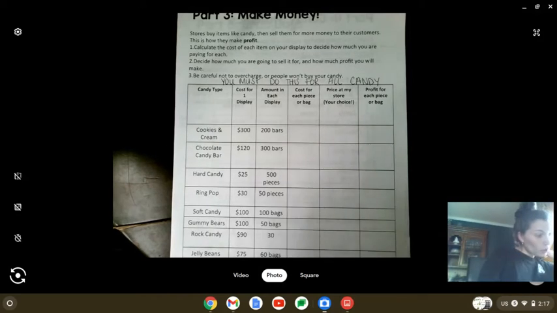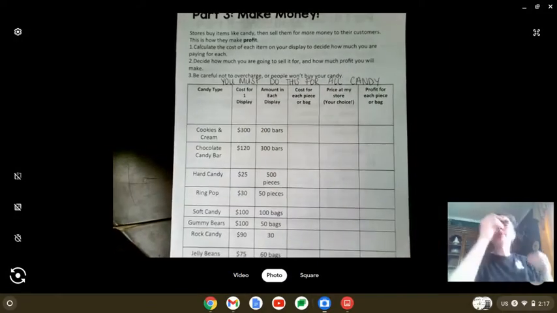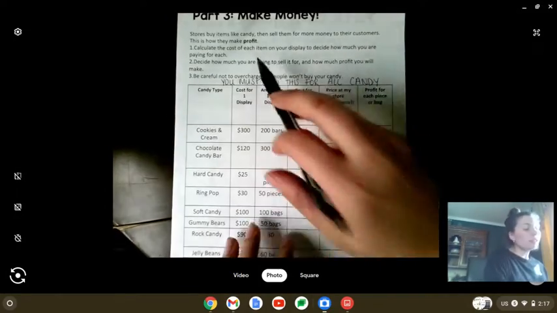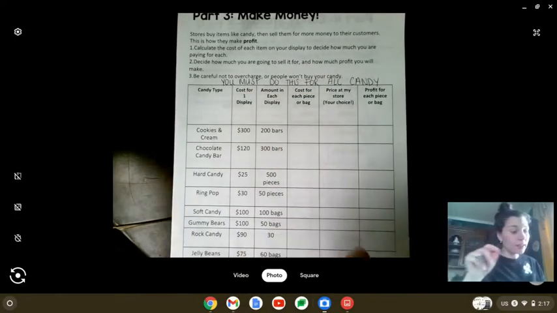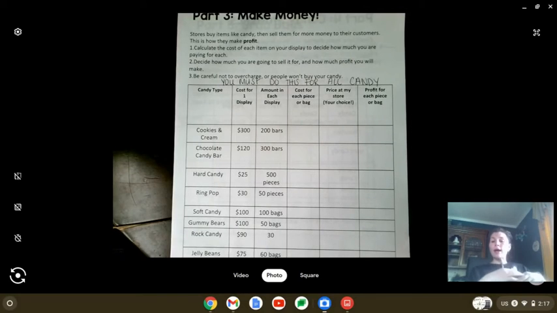Okay? So we need to first calculate how much each one piece of candy costs, because we buy it in something called bulk. If your parents go to BJ's, or even to Walmart or Target, bulk is when you buy a lot of stuff. You get like 10 laundry detergents in one package, and it saves money.